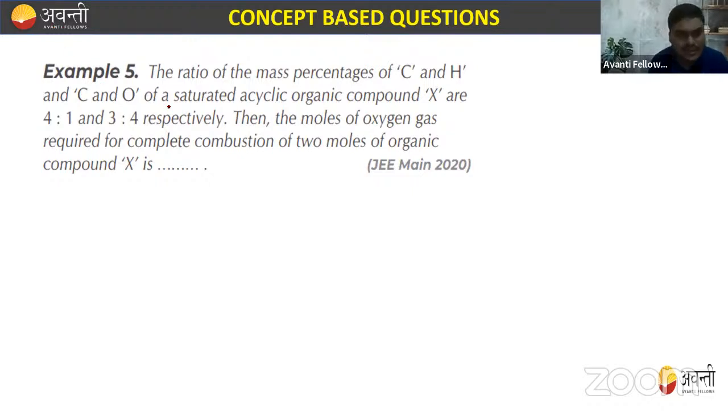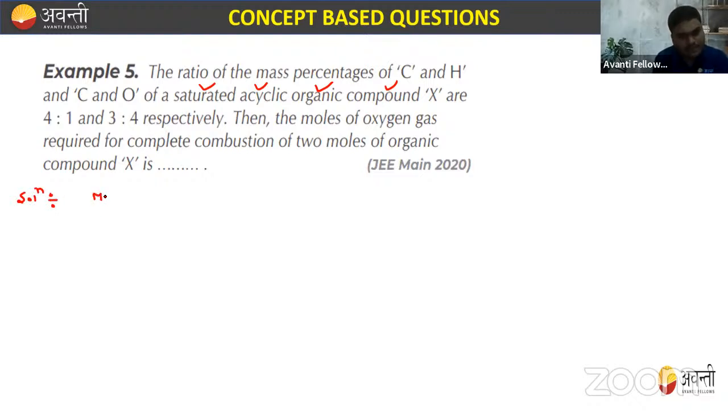So what do you mean by this term? Saturated, acyclic organic compound. Saturated means alkane, acyclic means not a cyclic compound. It means it is an alkane, right? So you have to write the combustion formula for an alkane. So for the molecular formula, let me solve this for you.